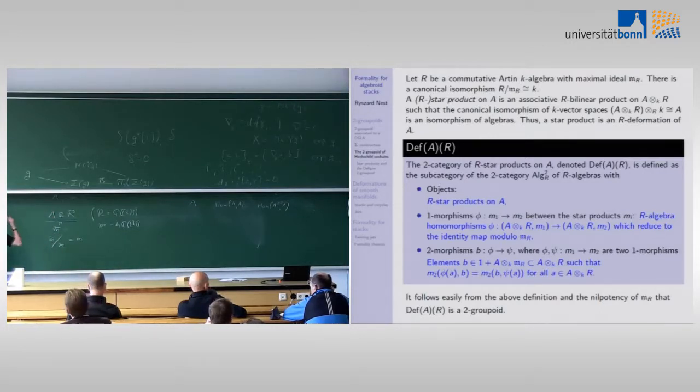Well, a product is a bilinear map. So this M tilde, the product tilde in this example, okay, sorry, let's write star here so we don't mix product and M. So this is M plus h times something.